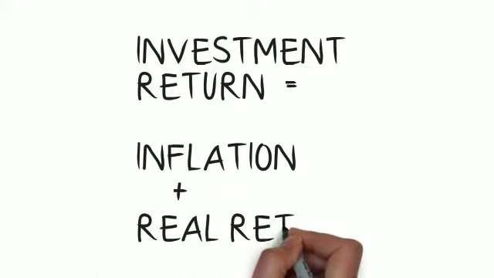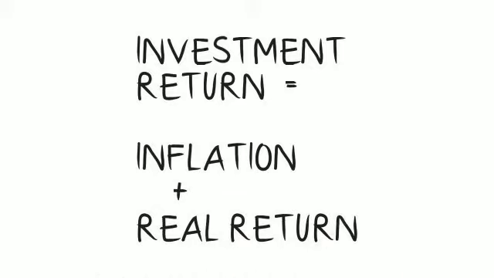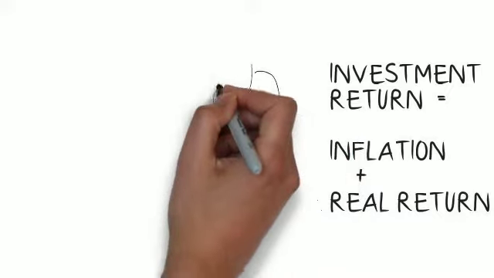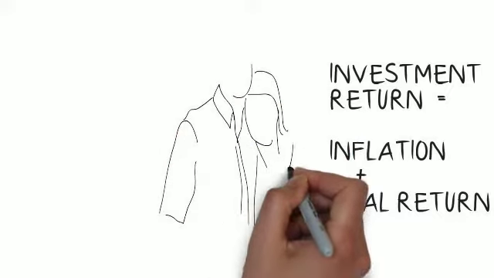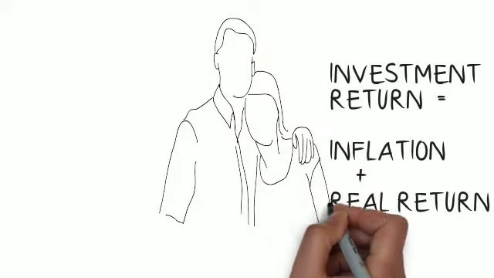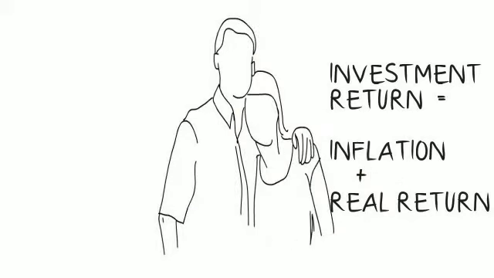So, if we look at the investment return, it's made up of two parts: the inflation rate and the real rate of return. And you must always learn to make this distinction.